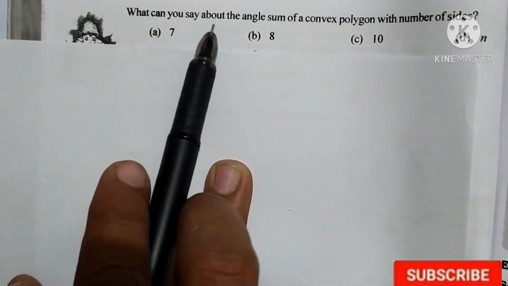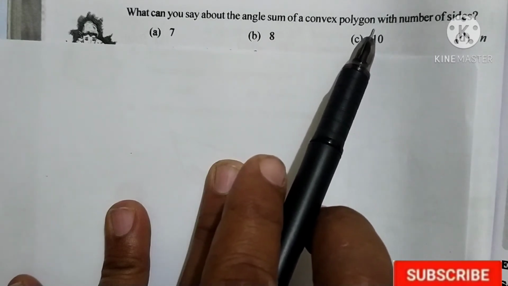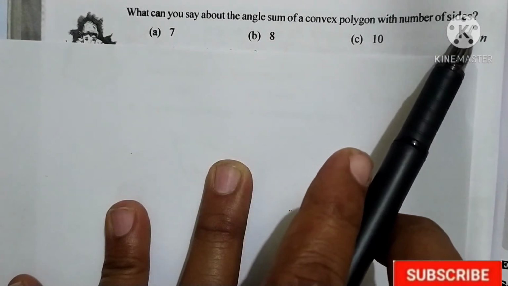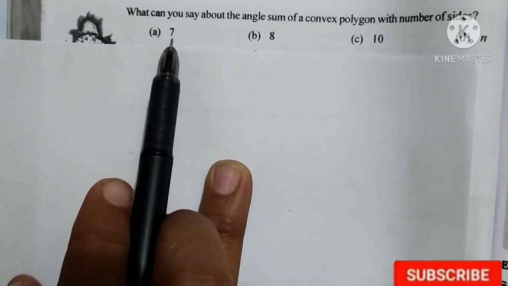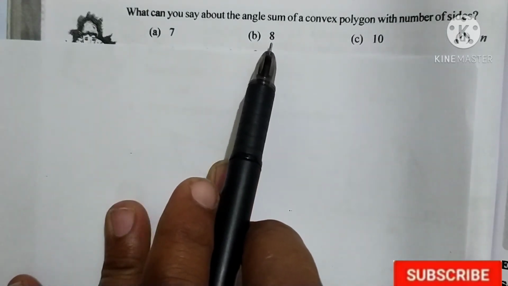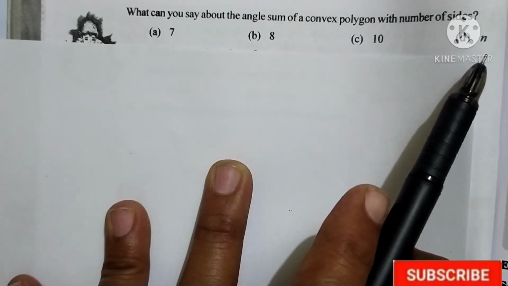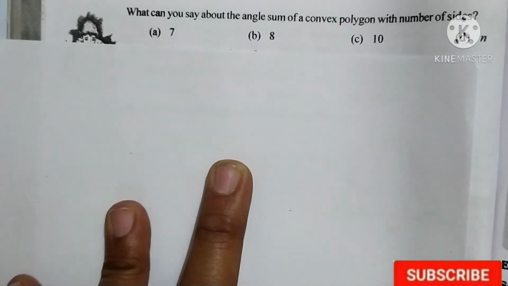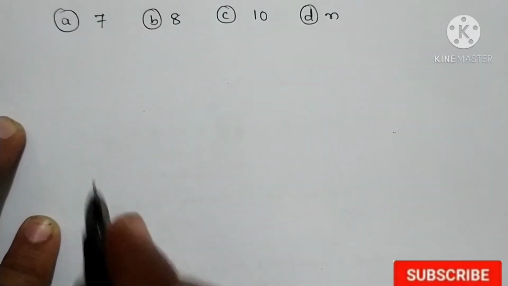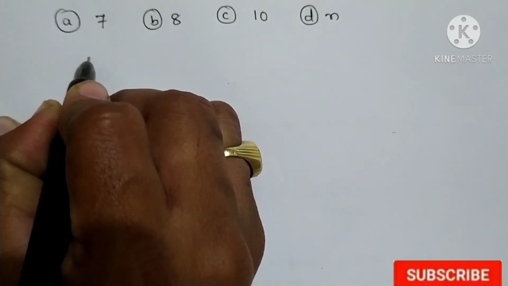What can you say about the angle sum of a convex polygon with the number of sides? First, A is 7, B is 8, C is 10, and so on. We will see this later.